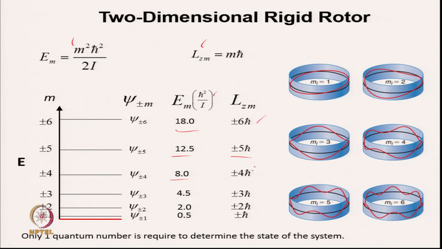So, 6 h bar, 5 h bar, 4 h bar, 3 h bar, and just like that. So, here we need only one quantum number, which is m, to define the energy.